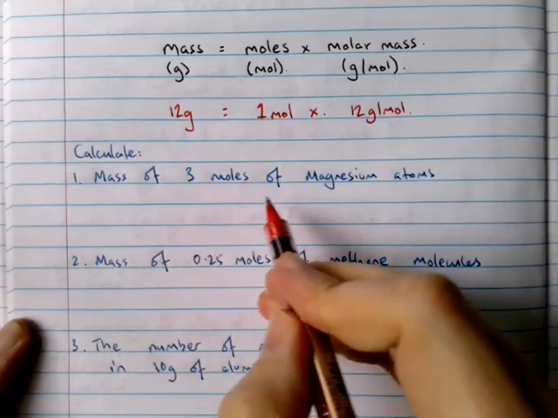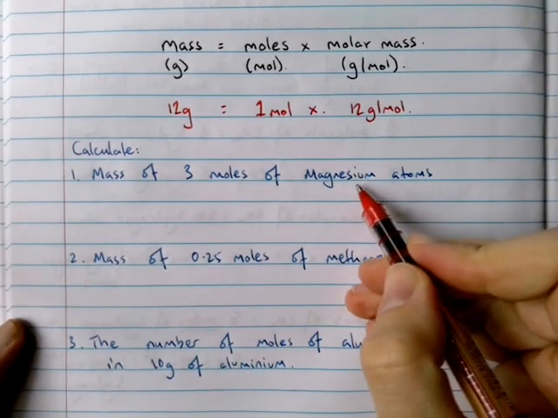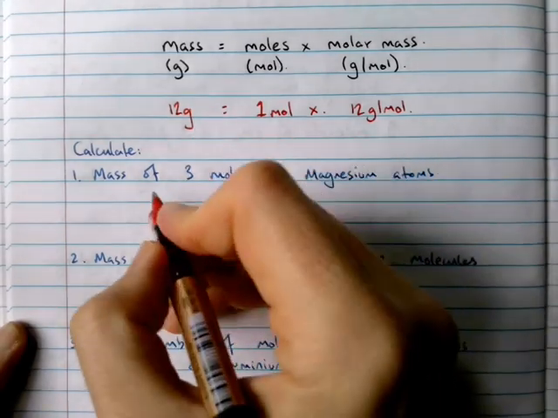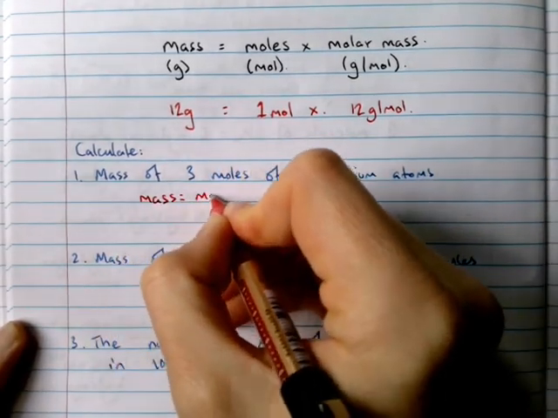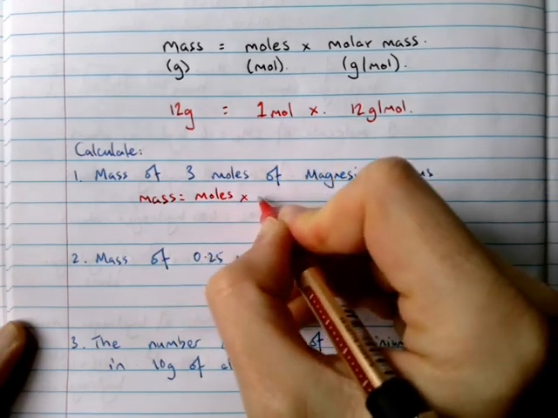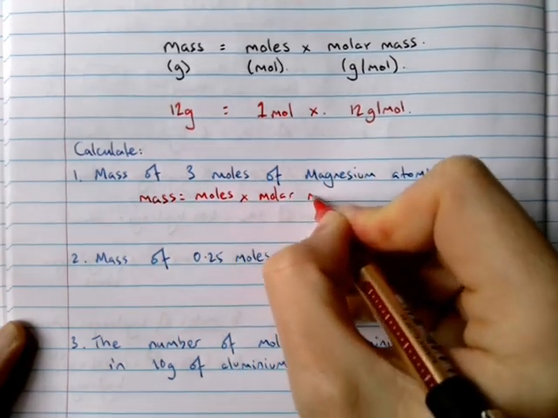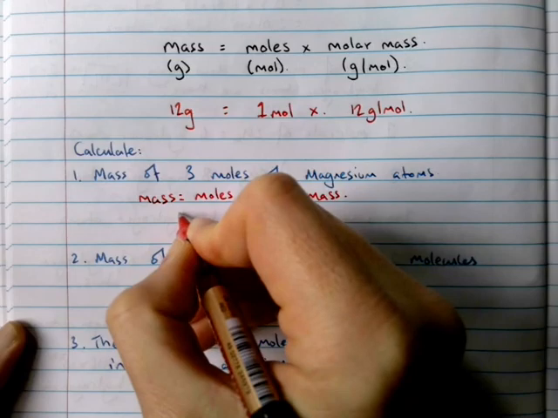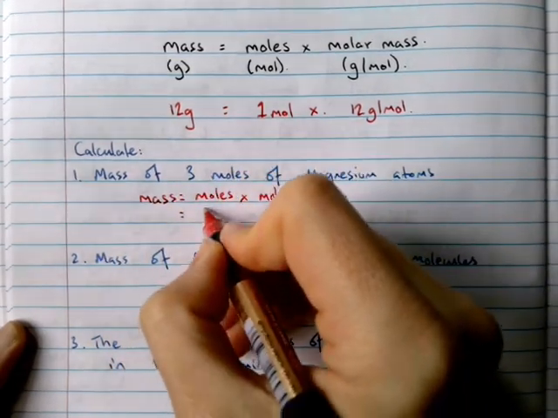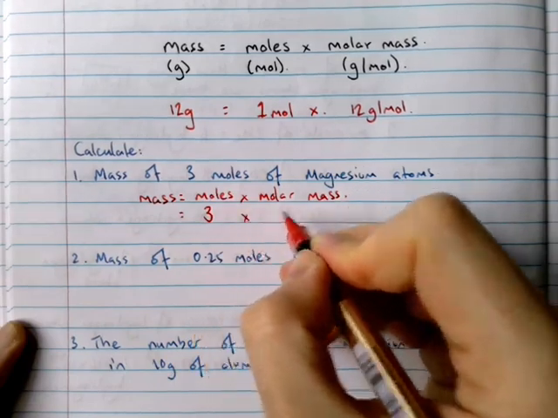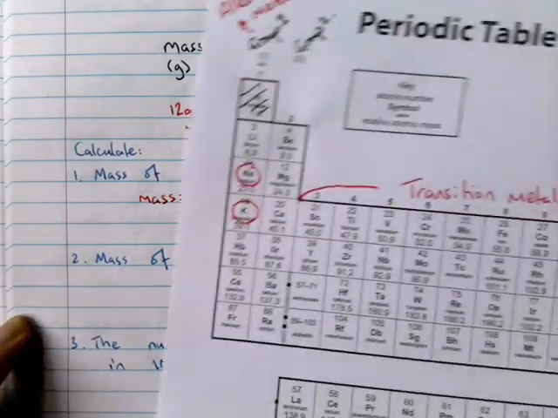So the mass of 3 moles of magnesium atoms. All right. Well, I know that mass equals moles times molar mass. So mass is what I want. The number of moles is 3 here. And the molar mass of magnesium is the number I take off the periodic table.